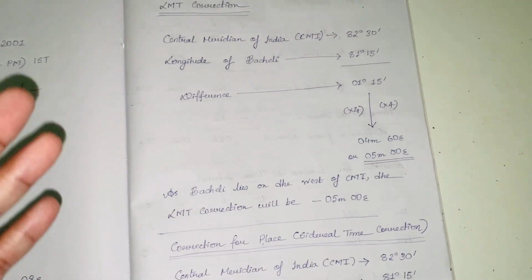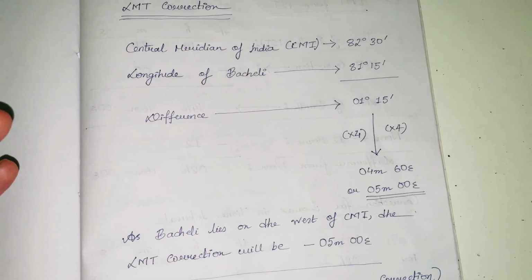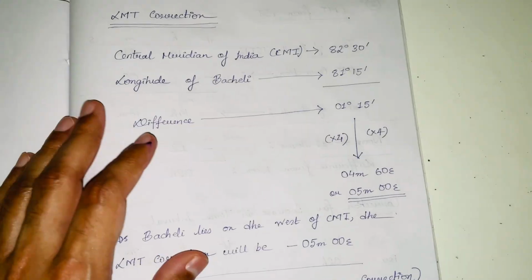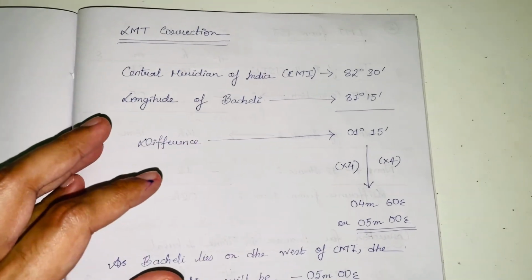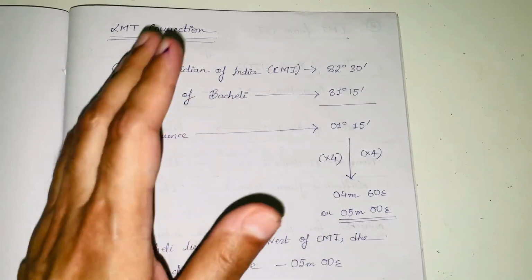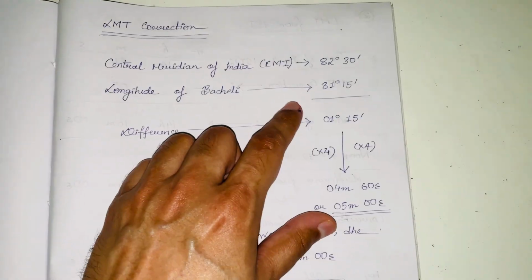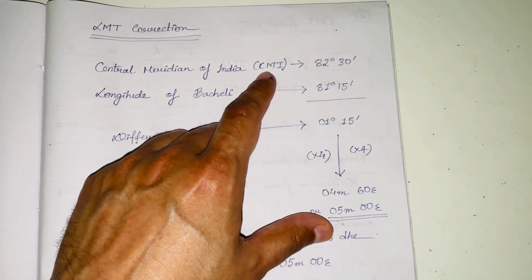Now what will be the sign? Will it be plus or will it be minus? Now here you need to learn that BACHELI is located on the west of the central meridian of India, or in other words, the longitude of BACHELI is lesser than the longitude of the central meridian of India.